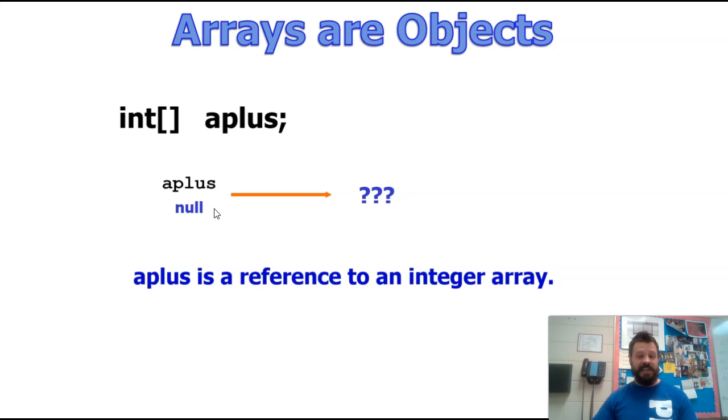We'd say it is a null pointer because it's not actually assigned to an array. aPlus is a reference to an integer array that hasn't been created yet. This will be something we do all the time when we use arrays as instance variables for classes. We'll declare them at the top of the class, and then the actual instantiation will happen later in the constructor, just like we've done with other objects as we've written classes.